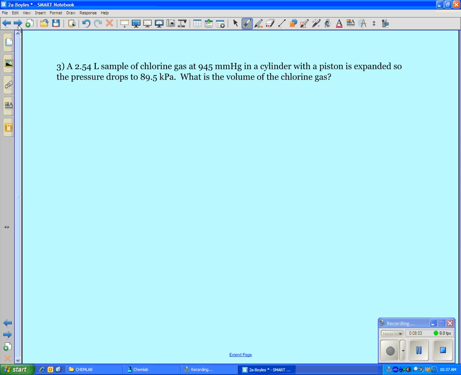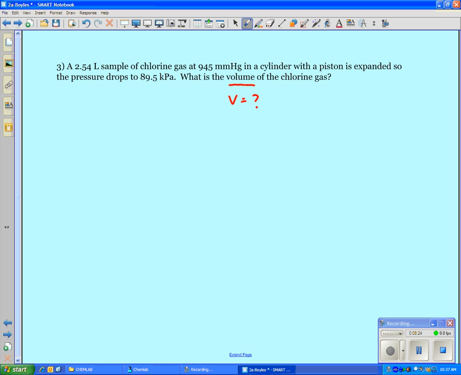Let's do one more. A 2.54 liter sample of chlorine gas at 945 millimeters of mercury in a cylinder with a piston is expanded so the pressure drops to 89.5 kilopascals. What is the volume of chlorine gas? We know we're looking for a volume. That's our unknown.